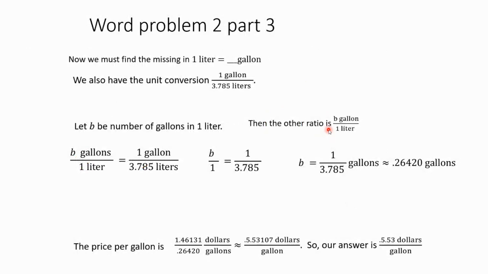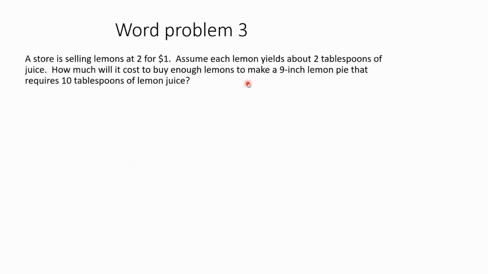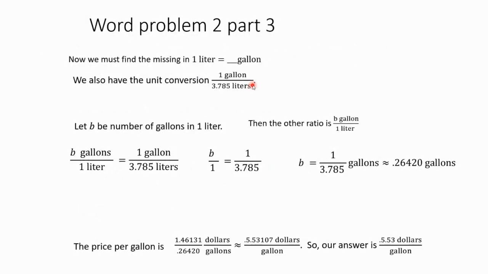But again, we're not quite there yet, because now we have to go from liters to gallons. If you look at the table that we had last time, from the metric system to the imperial system, what they tell you is 1 gallon is about 3.785 liters.